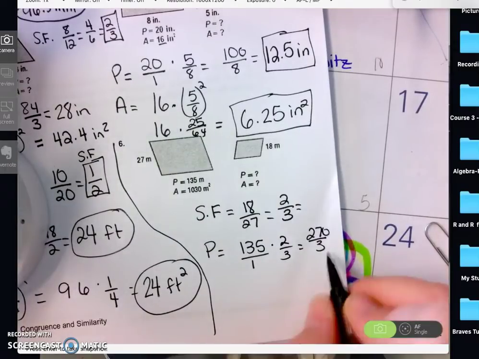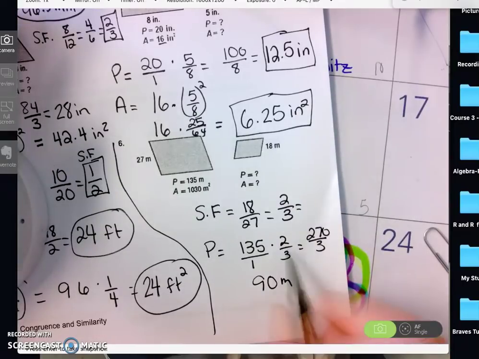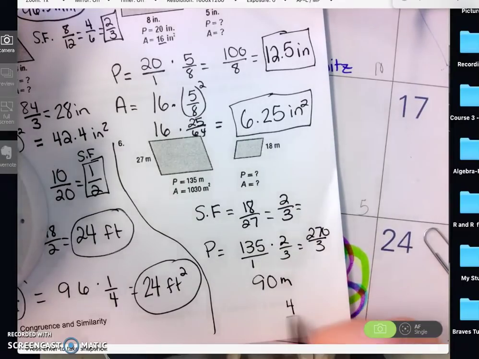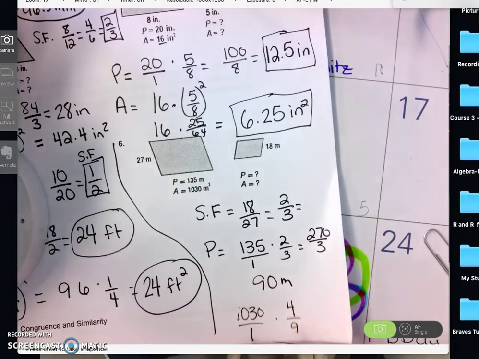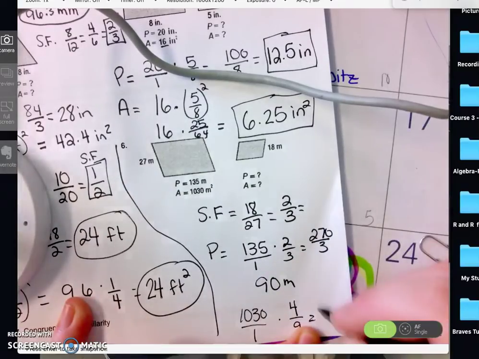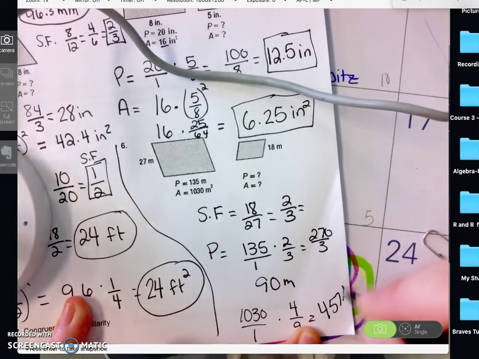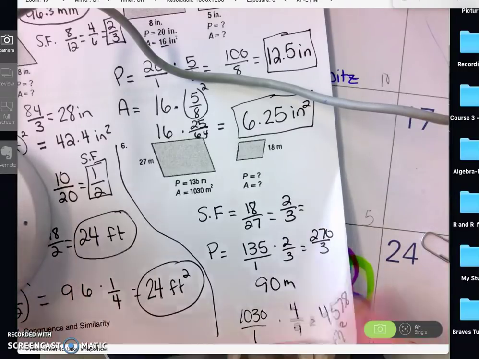So my perimeter is 90 meters. And then 2/3 times 2/3 is 4/9. So 4/9 times that 1030. And we get 7.8 meters squared.